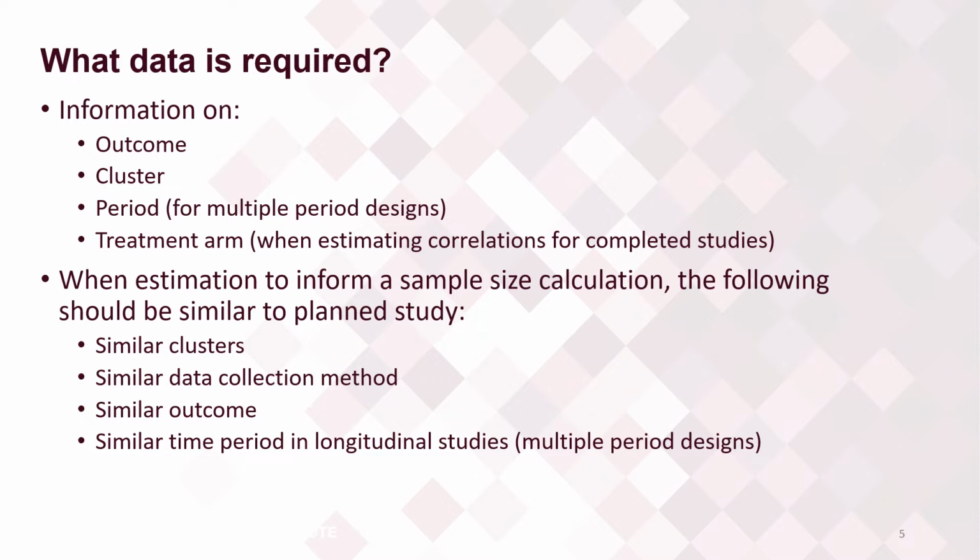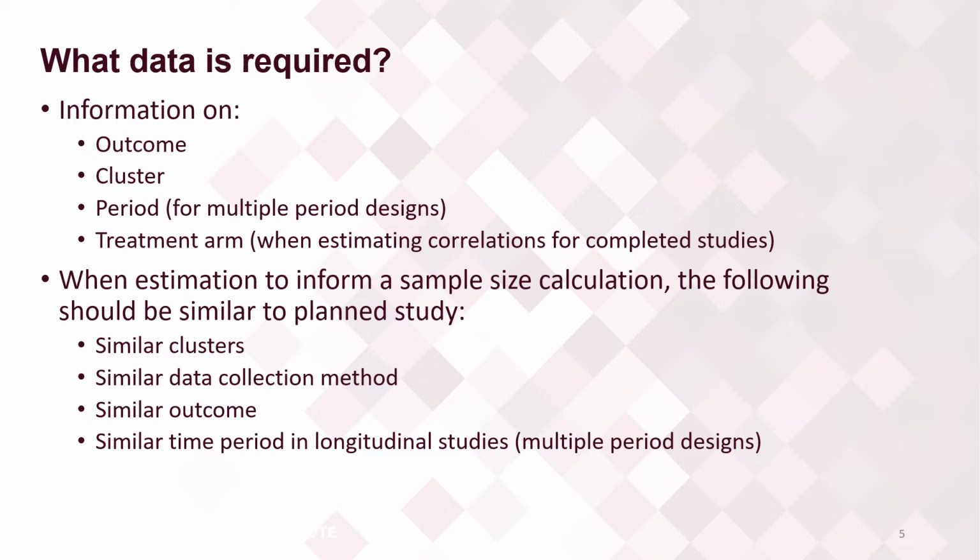So when we're estimating to inform a sample size calculation, there are a few things that should be similar to the planned study. So clusters need to be similar, the data collection method needs to be similar, the outcome needs to be similar, and in longitudinal studies, the time period also needs to be the same. And that's because these estimates are estimates of within cluster correlations.